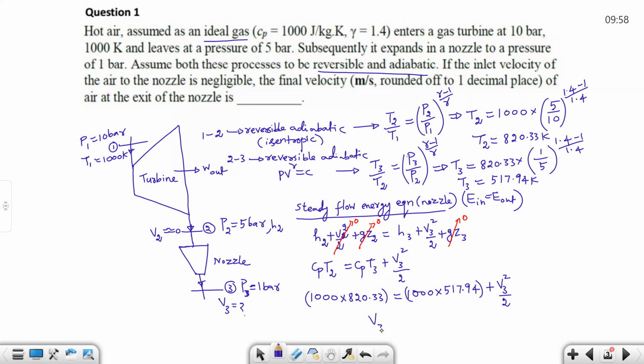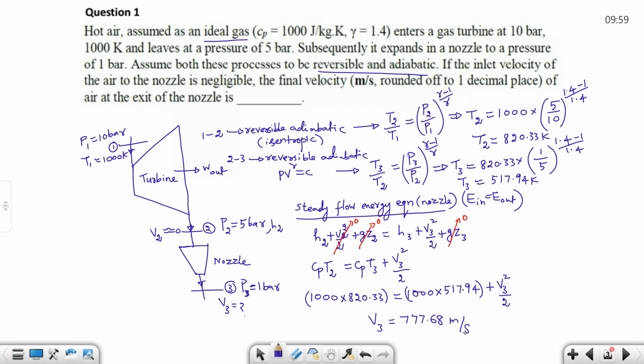So now we get V3 in meter per second: 770.68 meter per second.